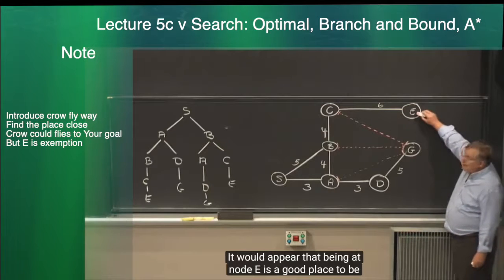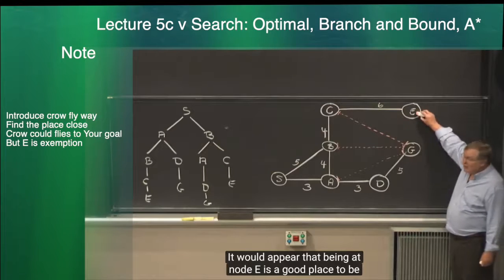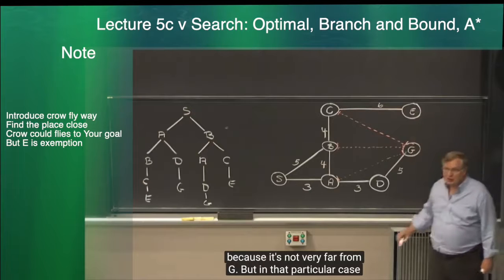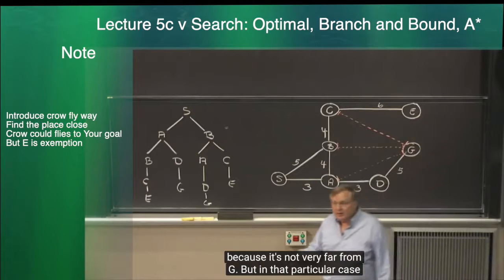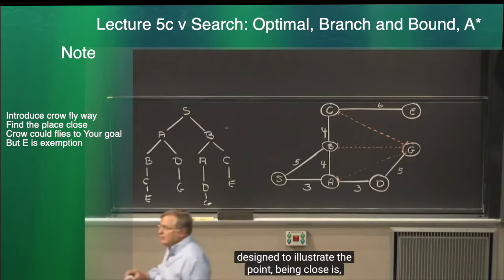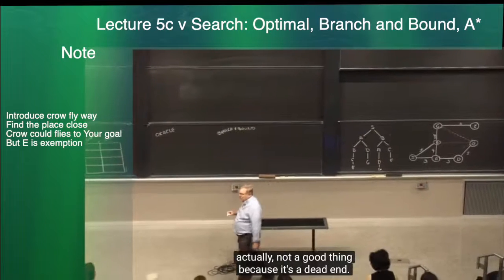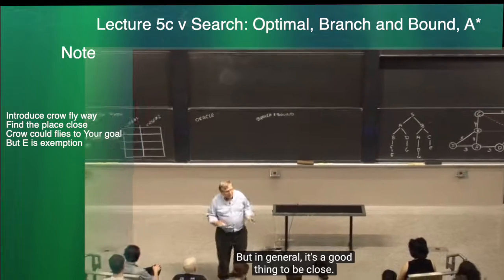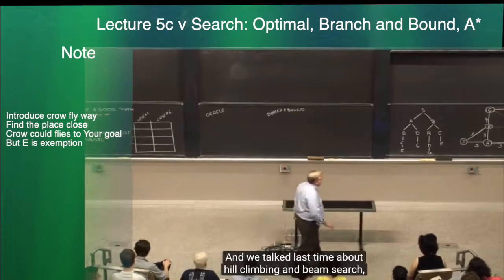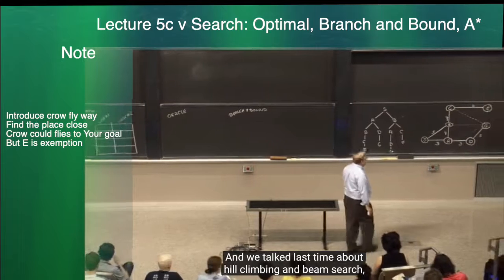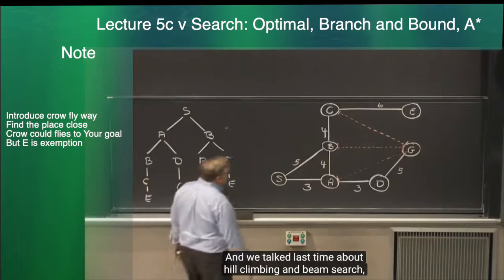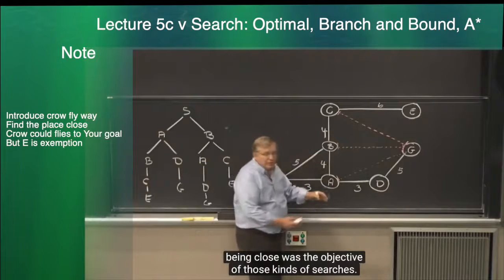It would appear that being at node E is a good place to be because it's not very far from G. But in that particular case, designed to illustrate the point, being close is actually not a good thing because it's a dead end. But in general, it's a good thing to be close. And when we talked last time about hill climbing and beam search, being close was the objective of those kinds of searches.